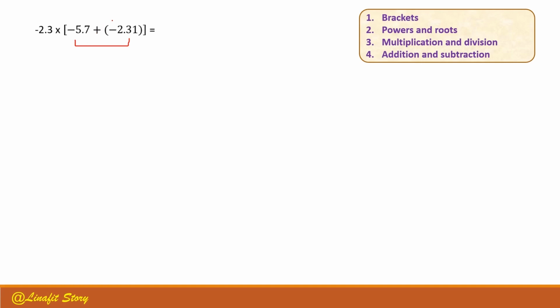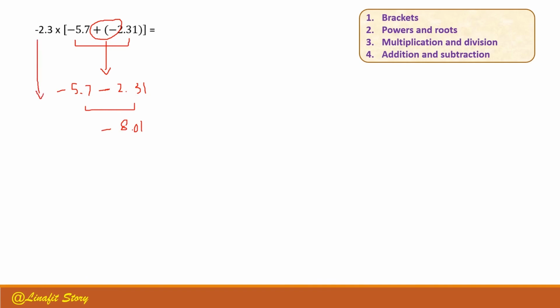Look over here. Plus and minus. Positive and negative. So means you meet your enemy. So the result is negative 2.31. So negative 5.7 minus 2.31 is equal to negative 8.01.